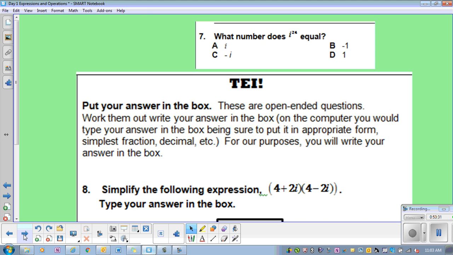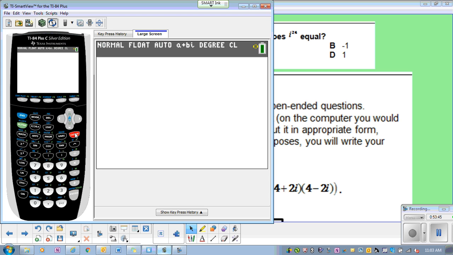What is number 7? What'd you get? D? So number 7, i to the 24th power. If you put in just i to the 24th power, you get this, right?